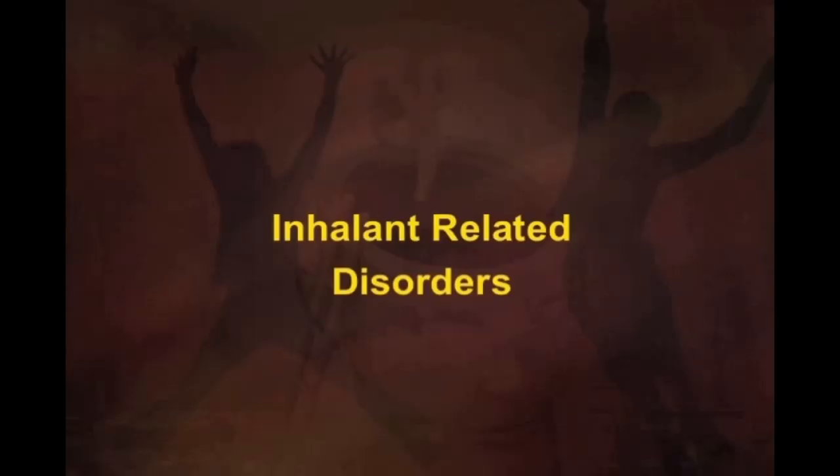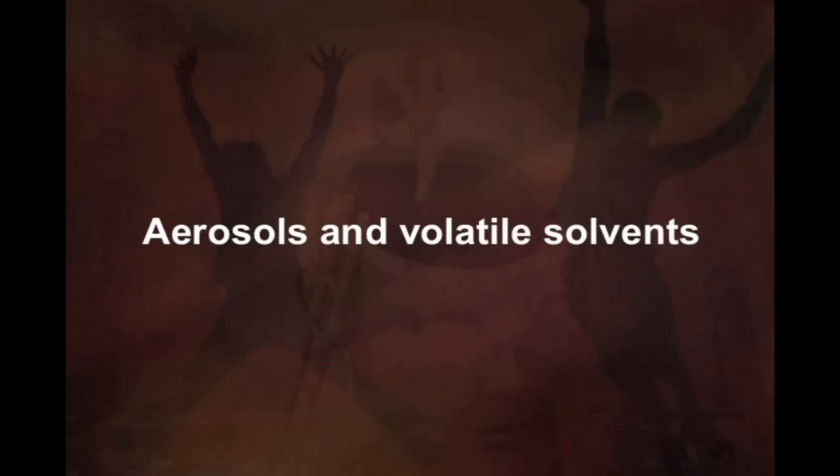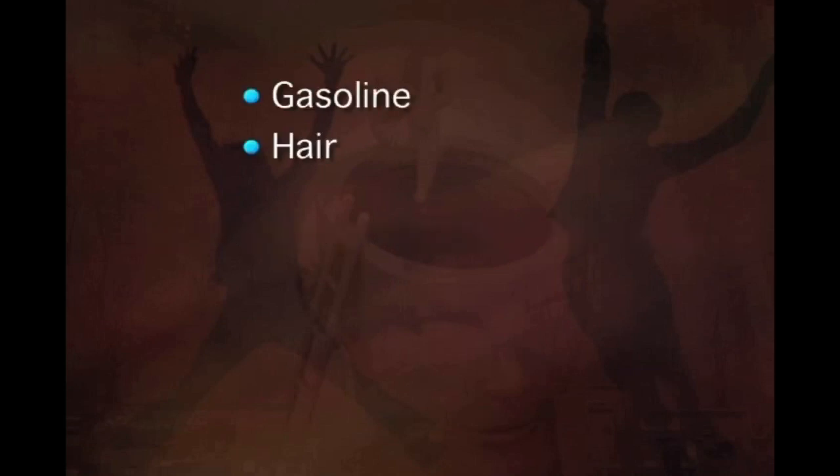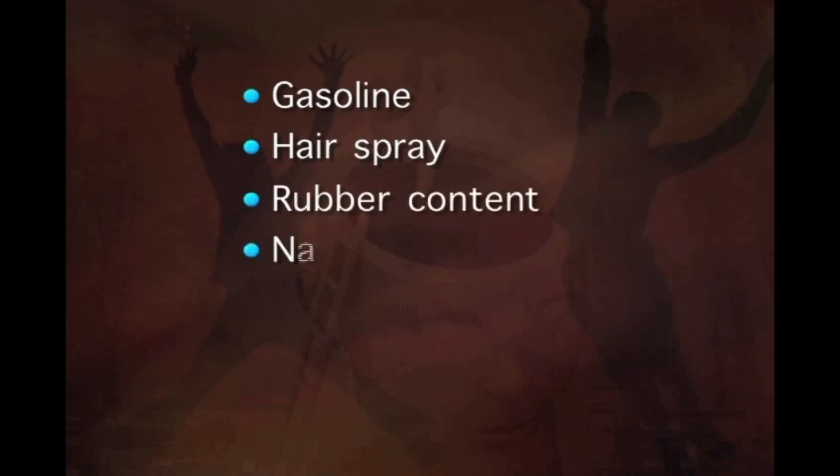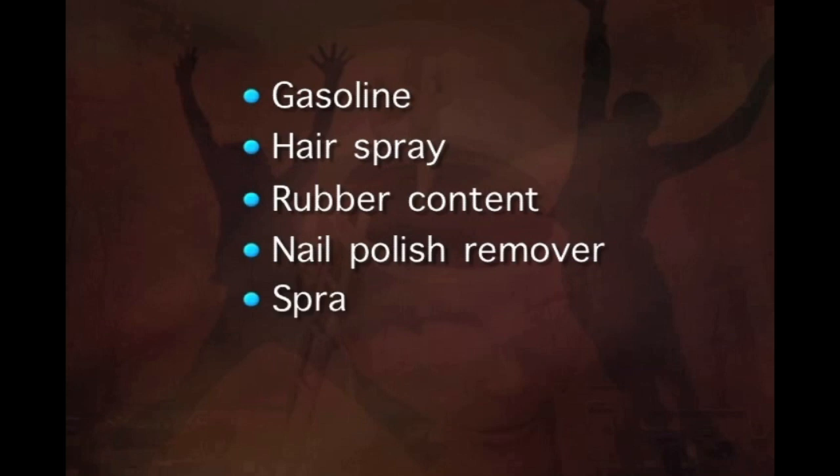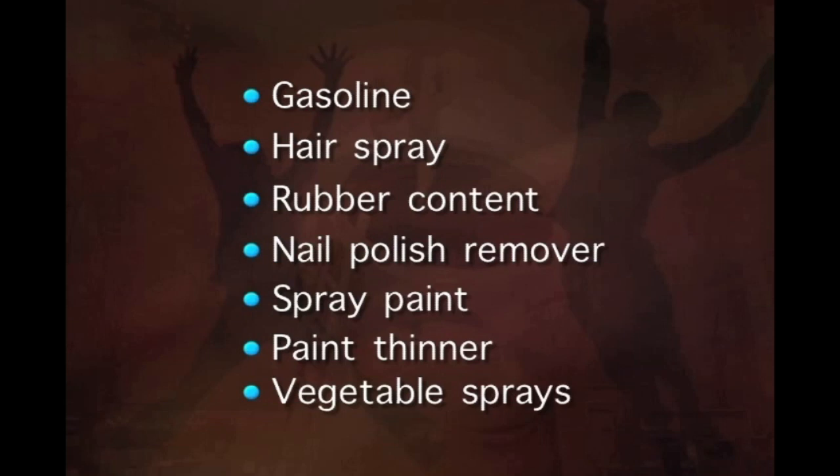After the hallucinogen related disorders, we are shifting our focus now to inhalant related disorders. What are inhalants? These include an expansive range of chemicals that are readily available for use by people. They are aerosols and volatile solvents. Gasoline, hairspray, rubber content, nail polish remover, spray paint, paint thinner, and vegetable sprays are just a few examples of inhalants.